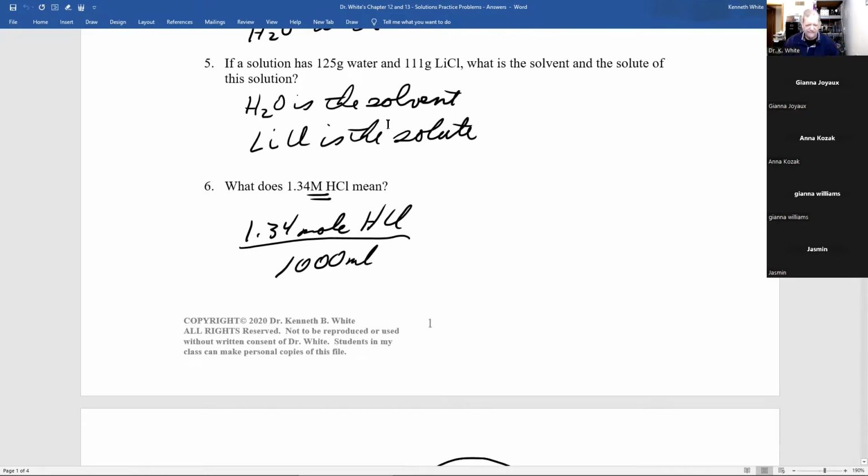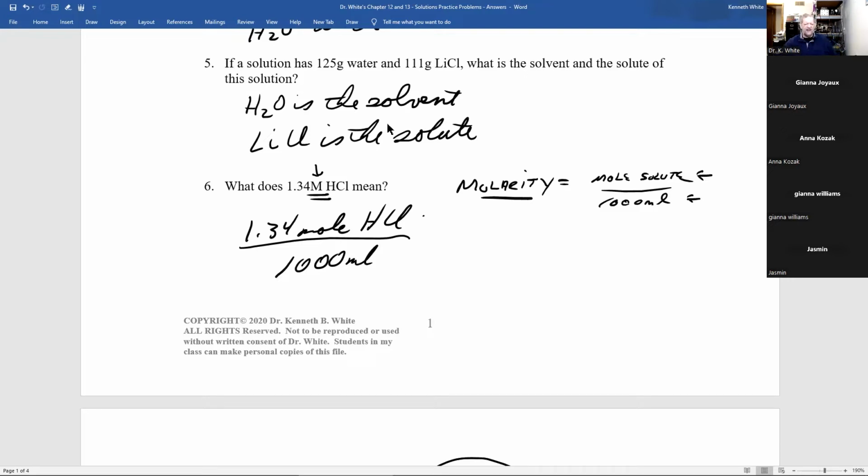All right. Number 6, what does 1.34 capital M mean? As soon as you see the capital M, molarity is moles of solute per 1,000 milliliters of solution.